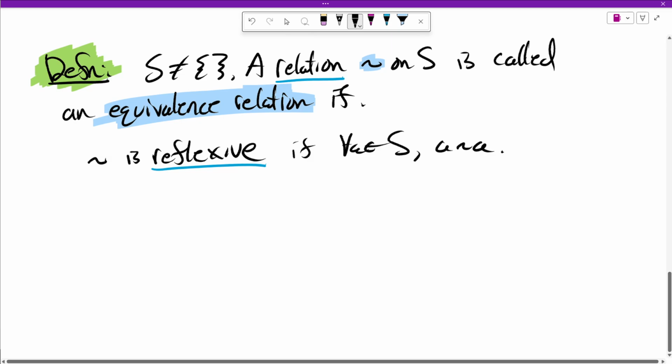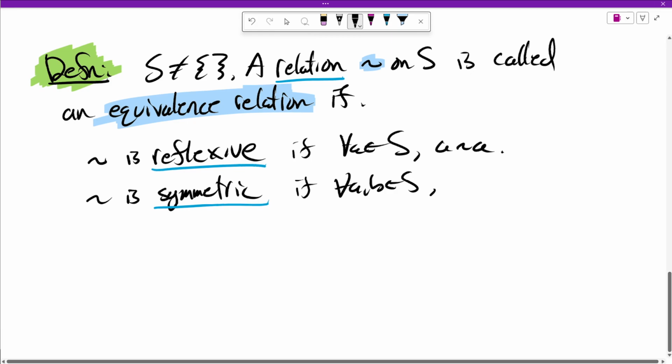Great, that's reflexivity. Tilde should be symmetric because sameness should be a symmetric notion. That is, the relation is symmetric if for all a, b in S, a is related to b implies b is related to a.